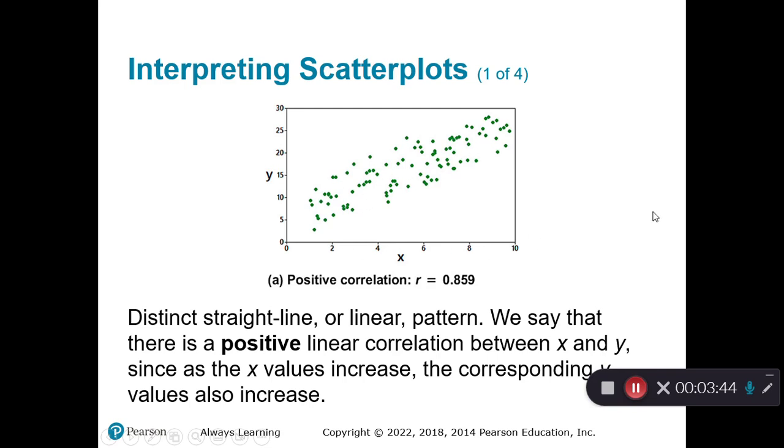However, if we were to take a step back and look at it as if it was a piece of art and maybe squinted our eyes a little bit, I think we would agree that overall we do see somewhat of a linear pattern, almost like a thick marker going from the bottom left corner of our graph to the top right corner of the graph. So while it's not perfectly linear, there is a very strong pattern here, and we do say that overall it does have a linear trend.